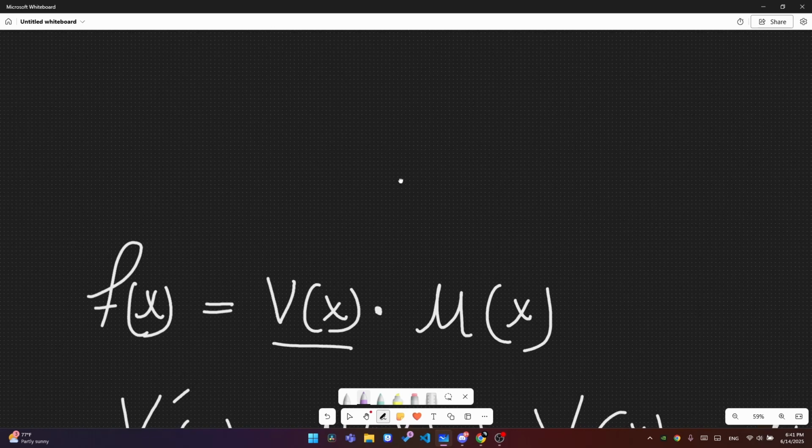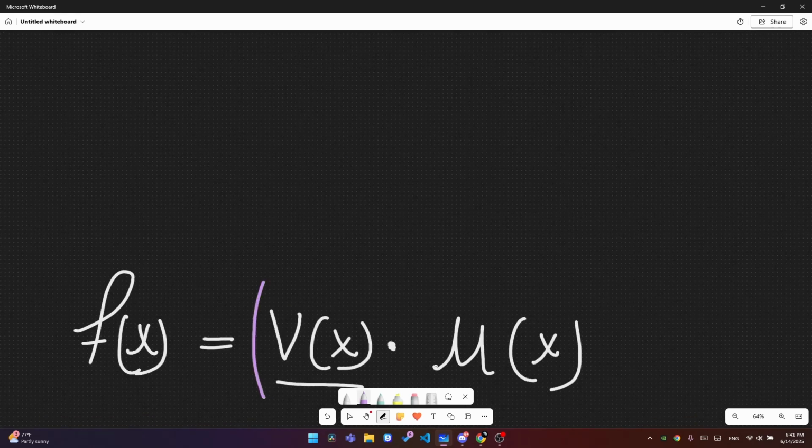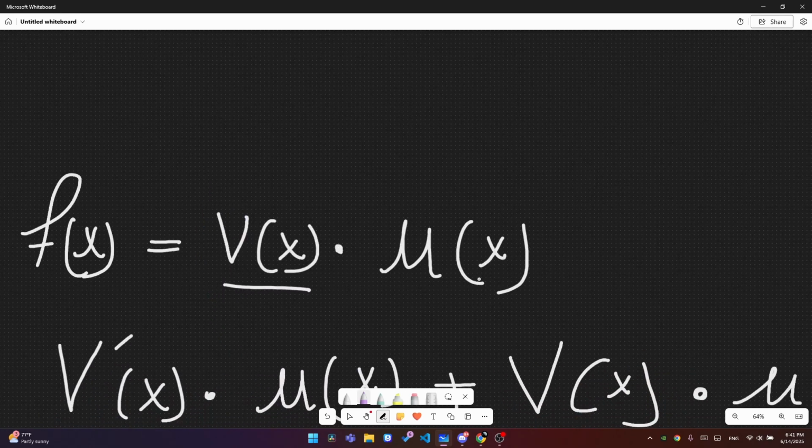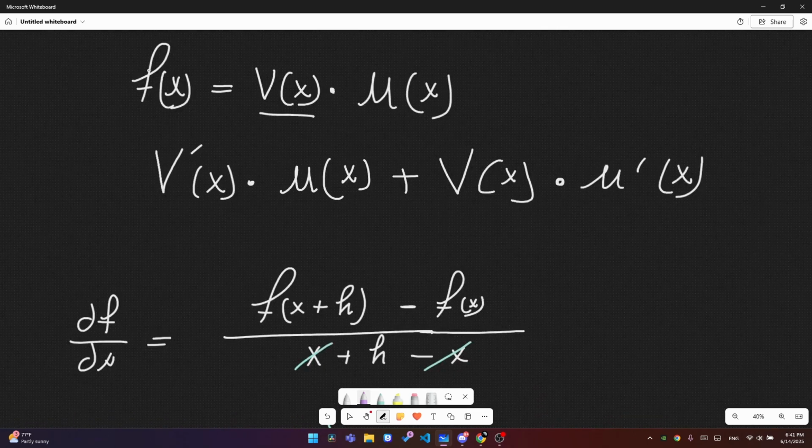To begin our derivation, we will plug in v of x multiplied by u of x, the product of these two functions, instead of f of x.